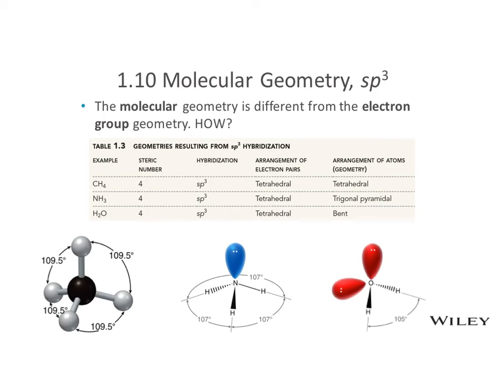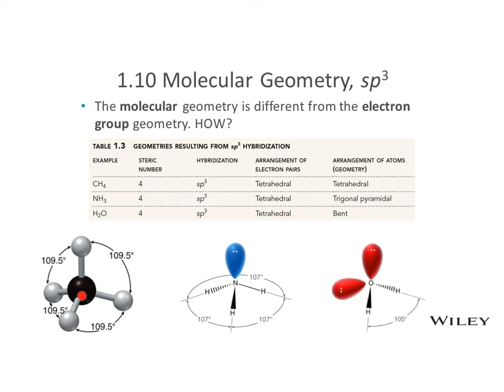Occupied areas are essentially a bond to another atom or a lone pair on that central atom. So all of these molecules have 4 occupied areas or a steric number of 4. But of course, in some cases we have atoms in those areas, and in some cases we have lone pairs.